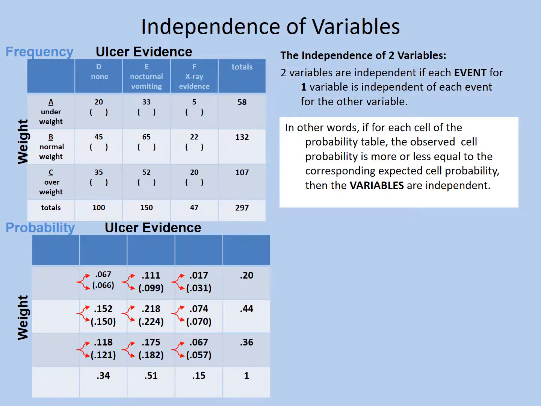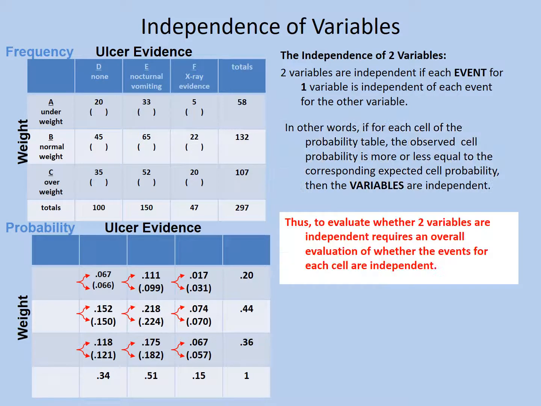In other words, if for each cell of the probability table, the observed cell probability is more or less equal to the corresponding expected cell probability, then the variables are independent. Thus, to evaluate whether two variables are independent requires an overall evaluation of whether the events for each cell are independent.